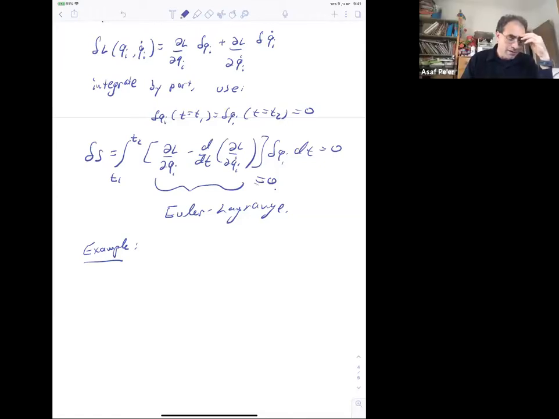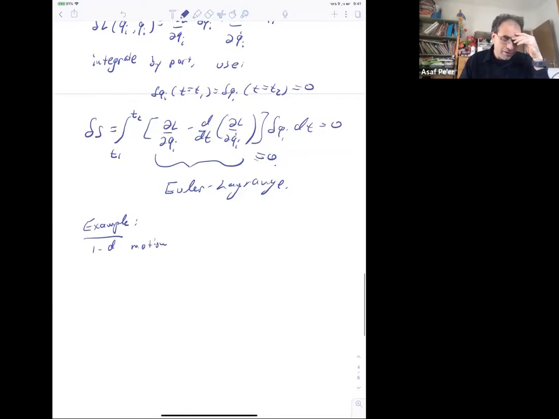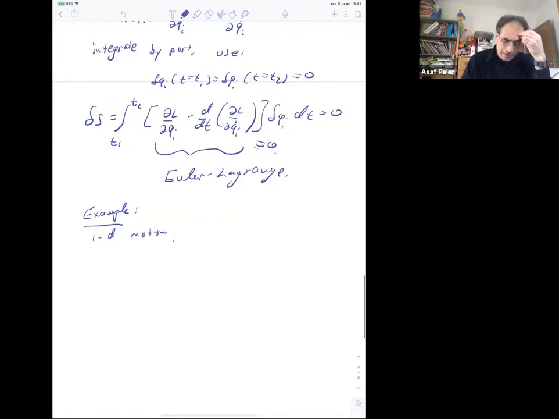Whatever, right? So let's say we have a particle moving in one-dimensional, 1D motion, with the Lagrangian being a function of the coordinates and the derivative. So let's write down that L is T minus V, which is 1/2 m x dot squared minus V of x.